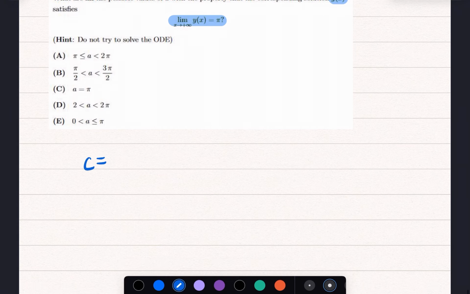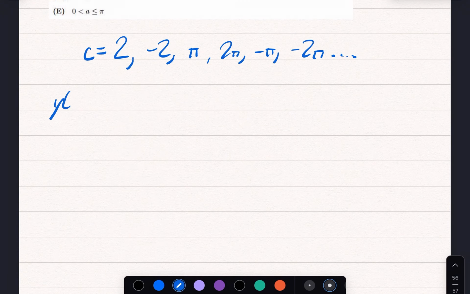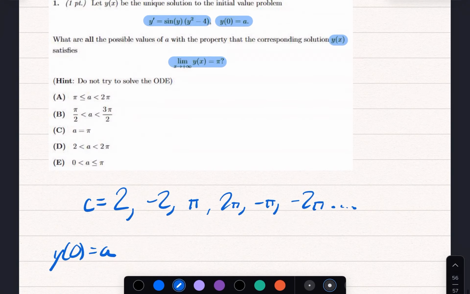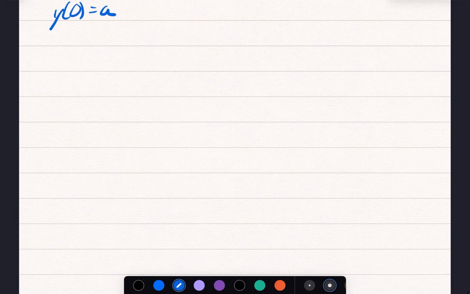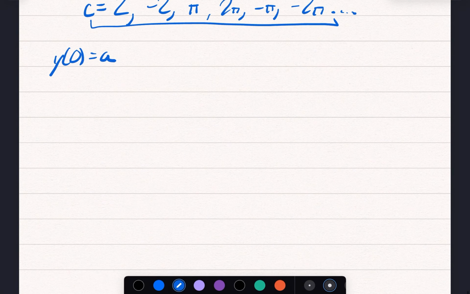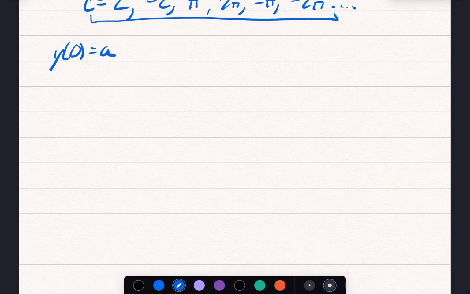For c equals 2, -2, and then pi, and then 2 pi, and then negative pi, and then -2 pi, etc. And we're looking for y at 0 equals a. Cool. So I got a bunch of points, and I got to test which ones are feasible. I took a lot of points, but this is how I solved the problem.